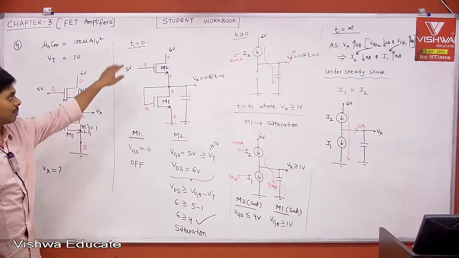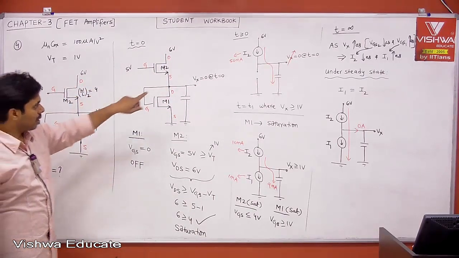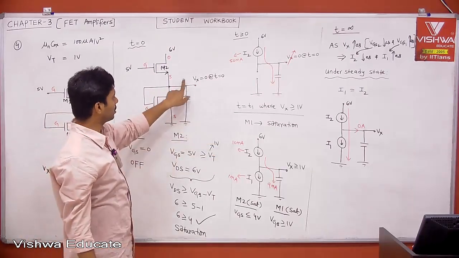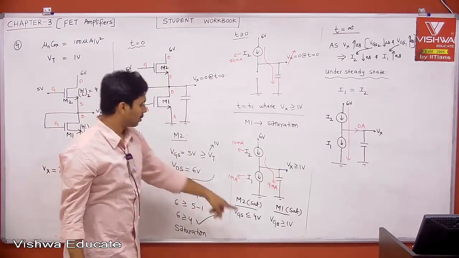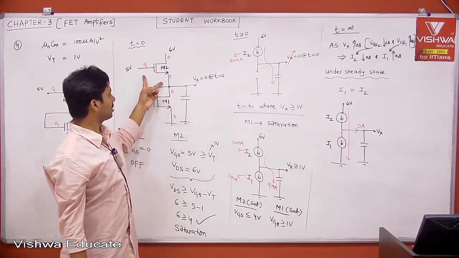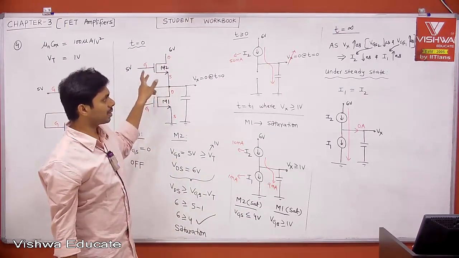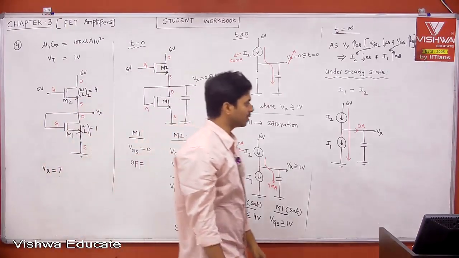Maybe if you take one example, then you can see. So let's say Vx is 1, that's what we have seen, right? It is 1, 6 minus 1, 5, but VGS is 4. VGS minus VT is 3, 6 is always greater than 3, saturation. Therefore both are in saturation.